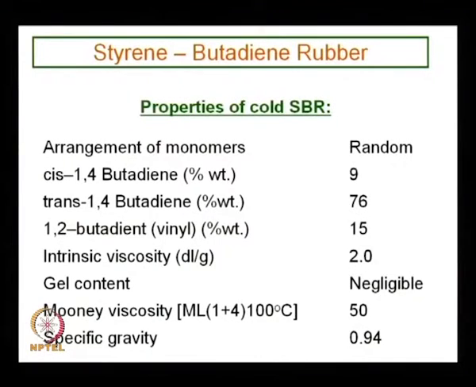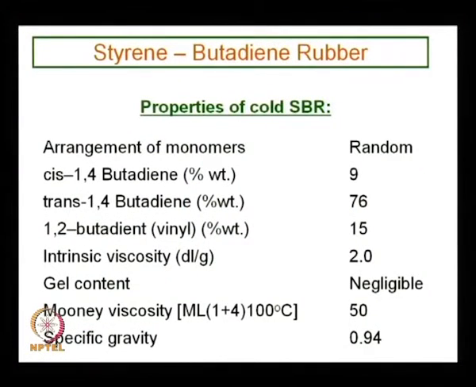That tells you how much torque is necessary and how much shear force has to be given in the equipment during fabrication of the product. Say during extrusion, what will be the rotor speed of the extruder; that will be dictated by this Mooney viscosity number. Very high means high viscosity, low means low viscosity.